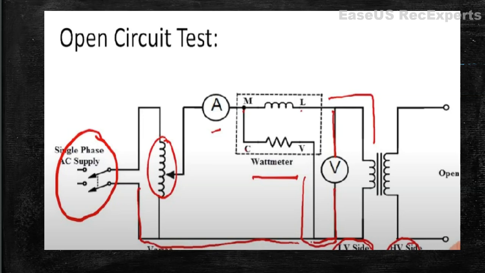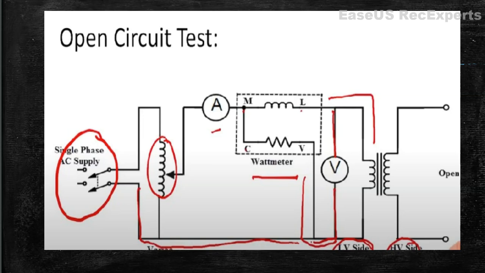As the secondary of the transformer is open circuit, a very small value of current I0 flows through the ammeter. This current is called the no load current. The value of this no load current is nearly 2% to 5% of the full load rated value of the primary current. As we can see, the supply is the rated voltage of the primary winding, but the current indicated by the ammeter is very low.